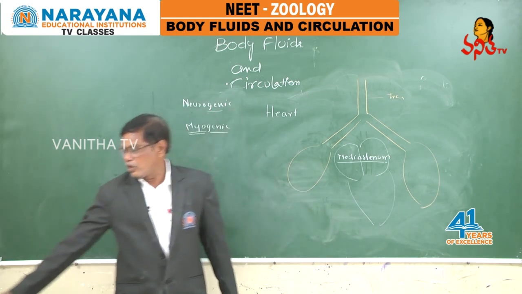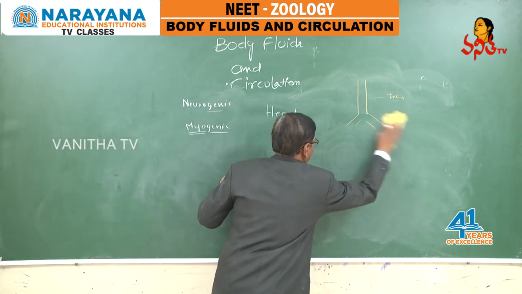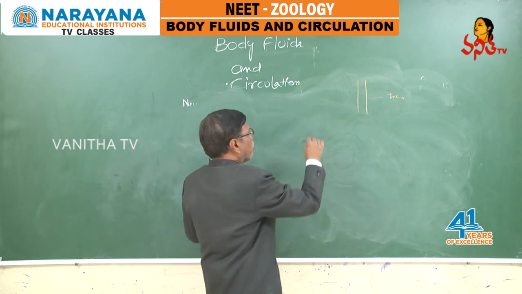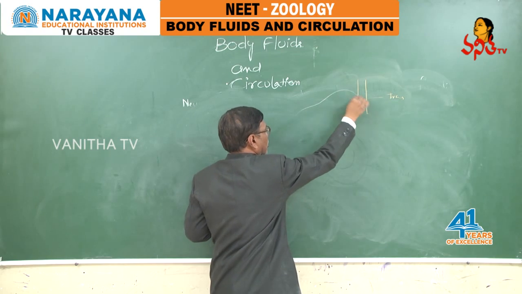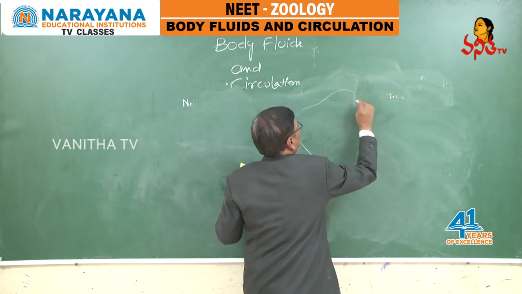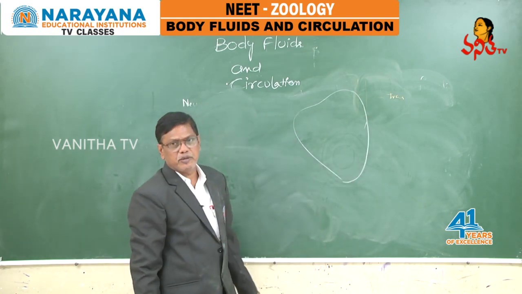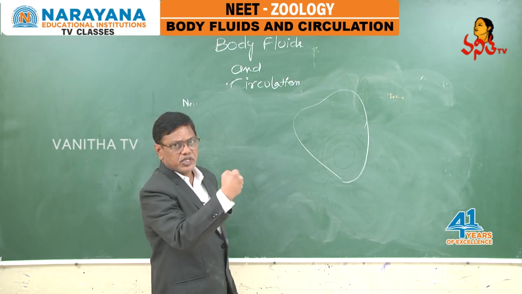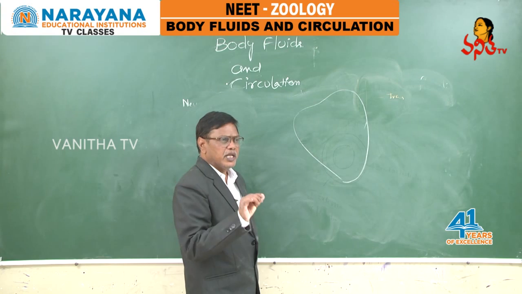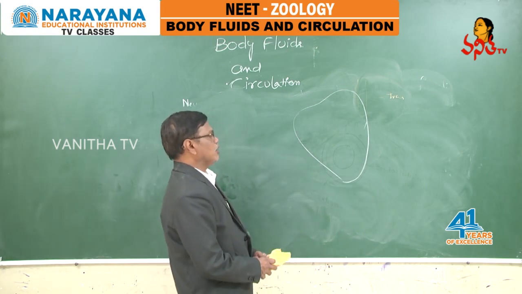It is a pear-shaped structure, roughly triangular, broad anteriorly and narrow posteriorly. It is about the size of a fist of a person. It weighs about 298 to 300 grams in a healthy person.